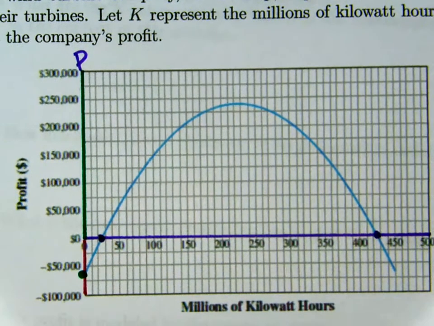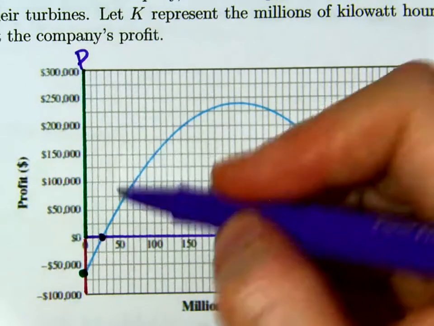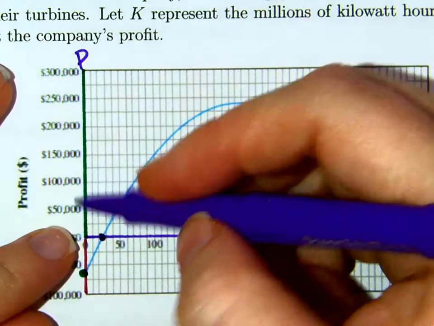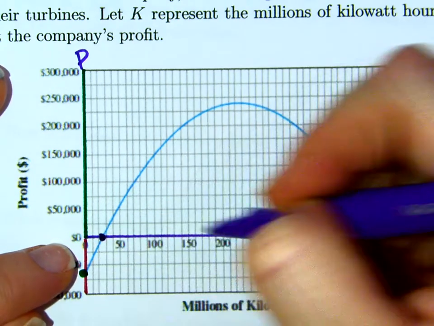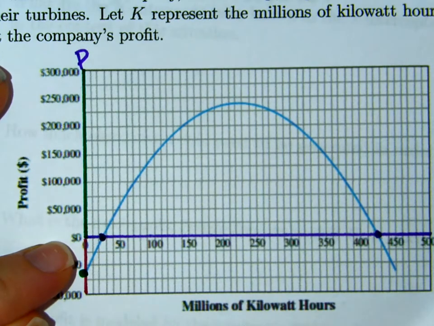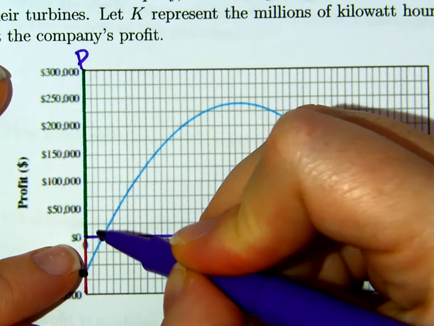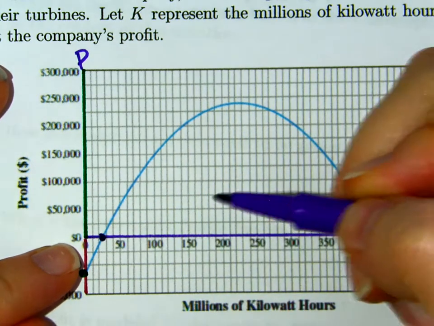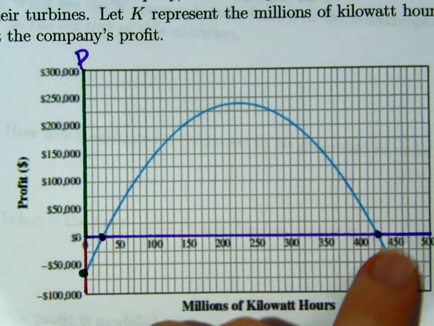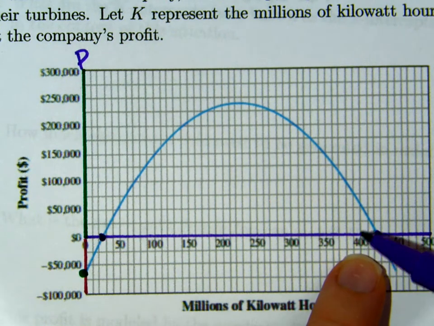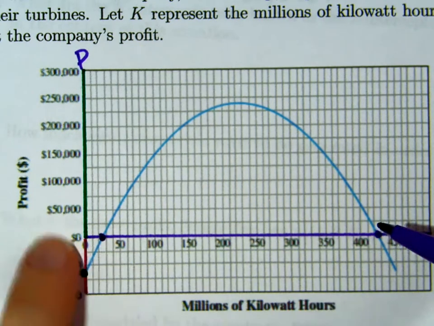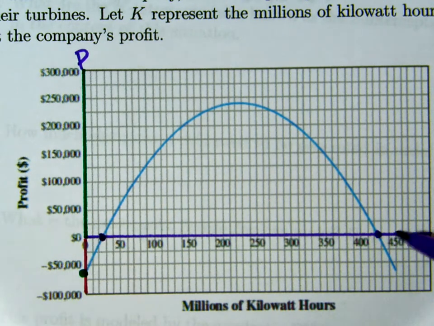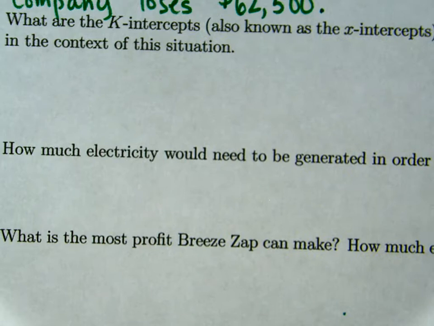And the millions of kilowatt hours, how many ticking marks is this? 1, 2, 3, 4, 5. Oh, it's counting by tens, so that's good news. So that's 10, 20, 25. K equals 25. And here we would go 400, 410, 420, 425. So 25 and 425.